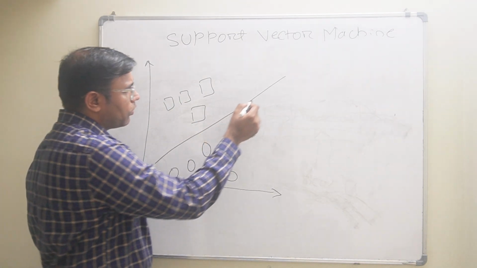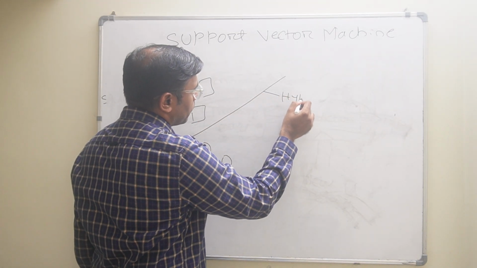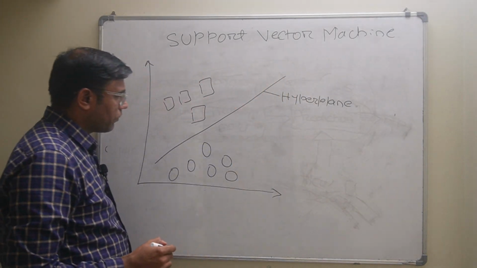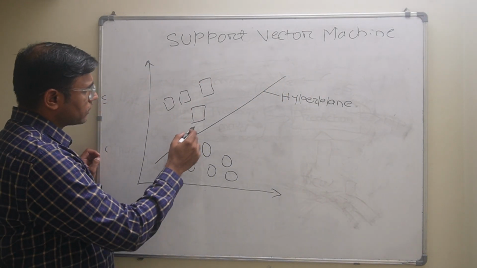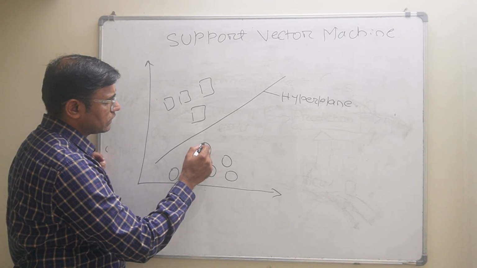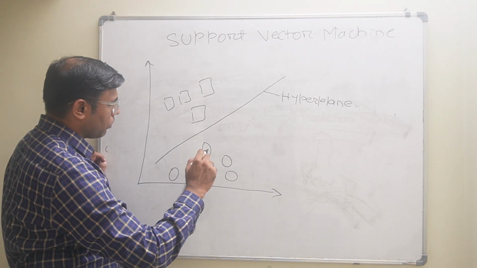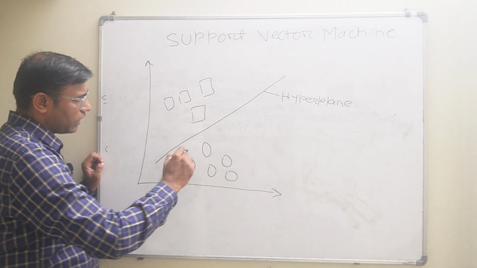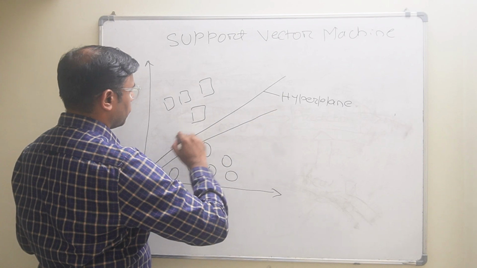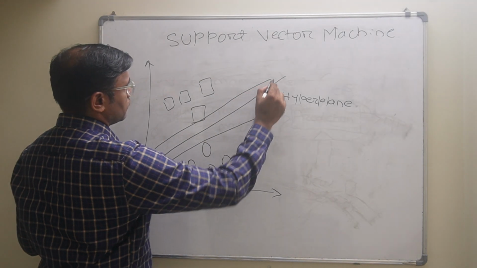So this decision boundary is known as hyperplane. Okay. Now, if you look at these 2 points, this is nearer to the hyperplane and this is nearer to the hyperplane. So what I will do, I will draw one more line which will touch these points. So here I draw one line, here also I draw one line.